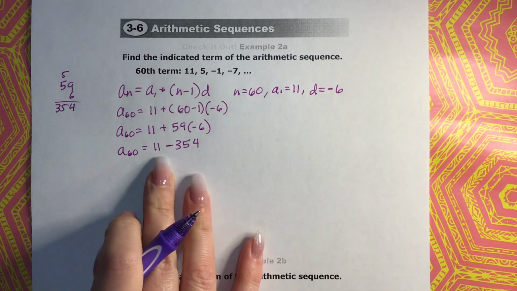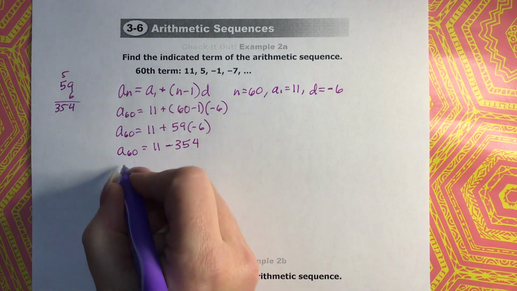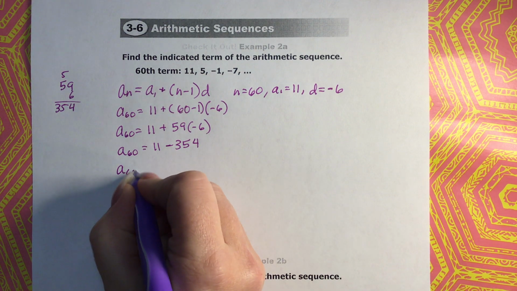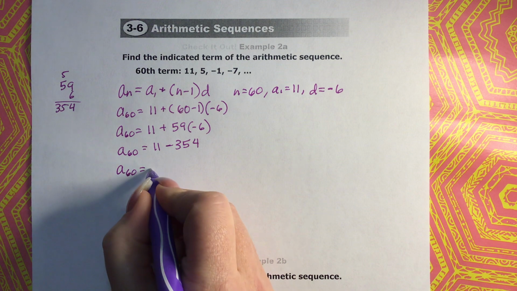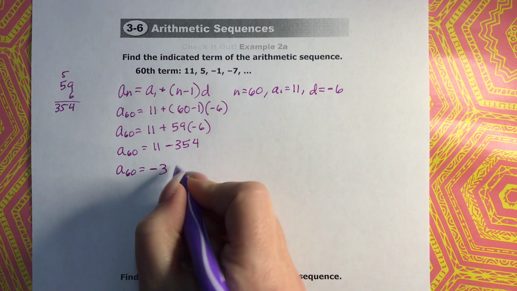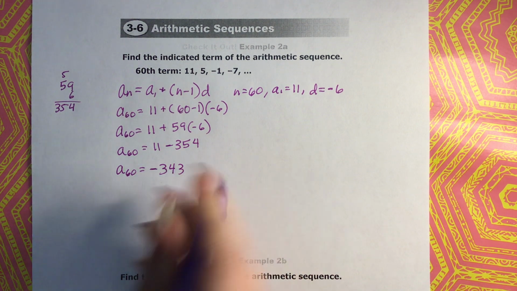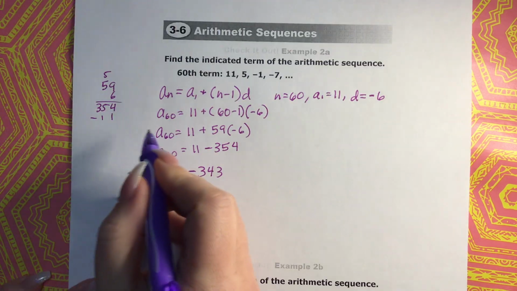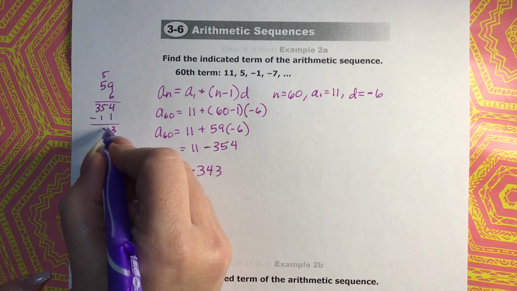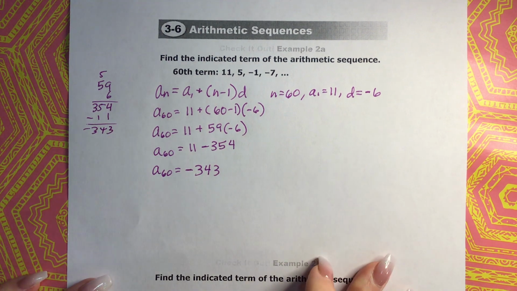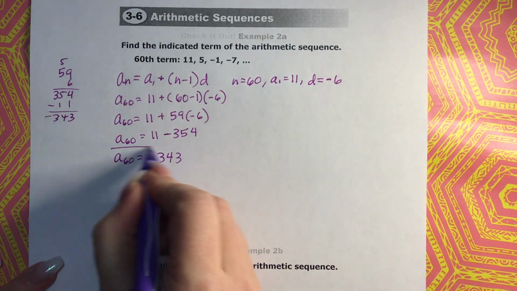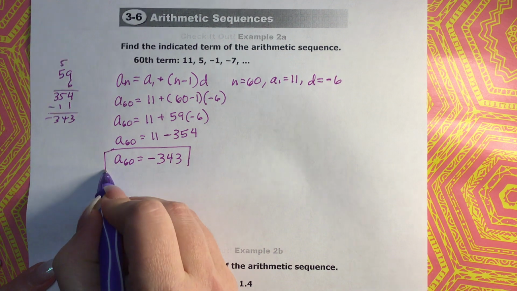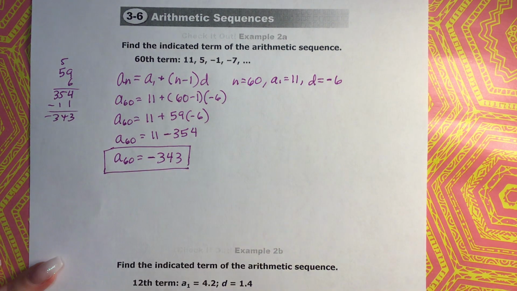And then we just have to add 11 to that. And what would that be? It would be a negative 343. Let me show you. 354 minus 11. Yeah, 343. Yep, negative. Good. If you got that right, yokerekimashita. You're doing a wonderful job. Let's go ahead and see how you did on the next example.